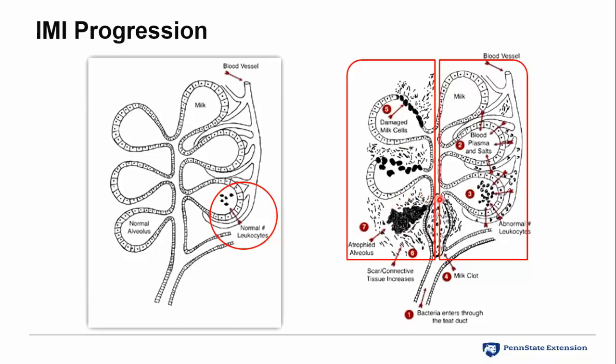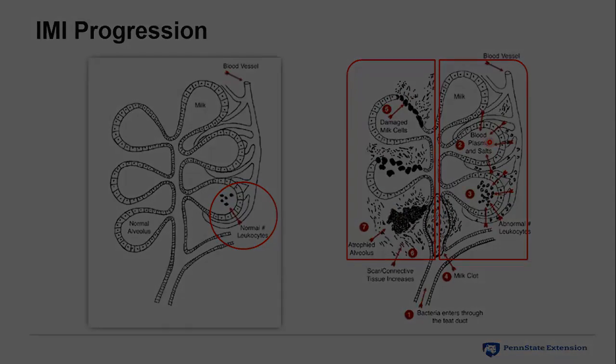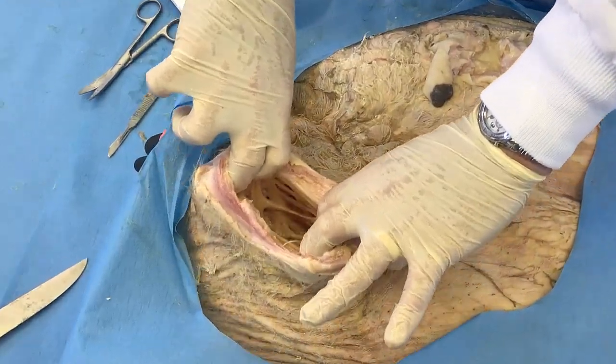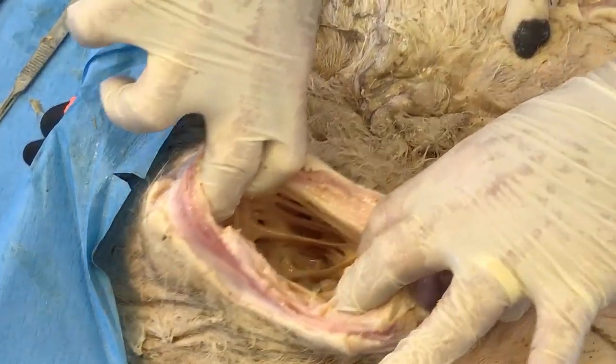And notice here right in the middle is this milk clot that forms that basically walls off this area that's affected and helps to try and minimize the spread of this infection. So let's take a look at the inner workings of the mammary gland here.